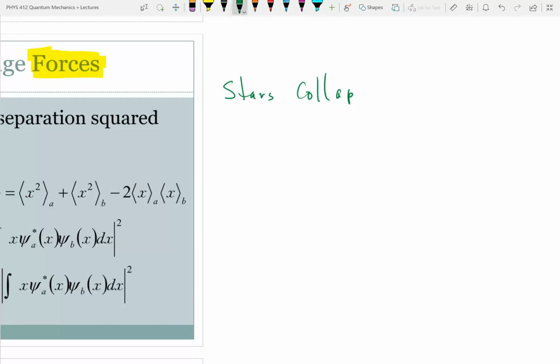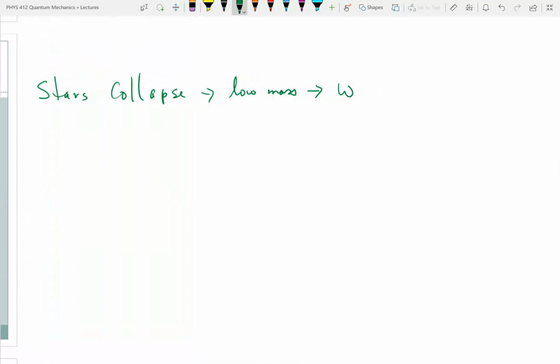Of course, I didn't even spell collapse right. Low mass stars become white dwarfs. And then middle mass become what you said, neutron stars. And what do the largest ones become?